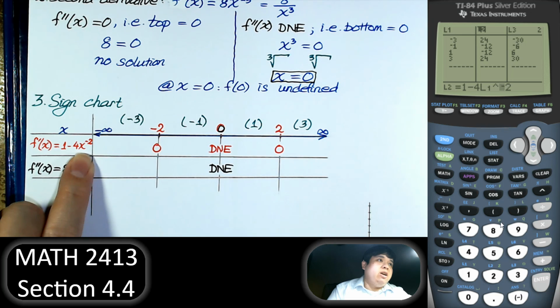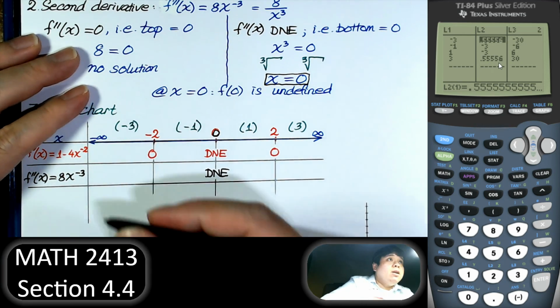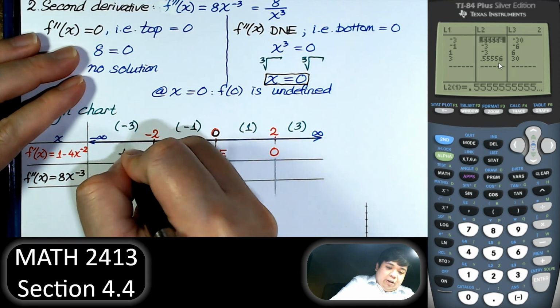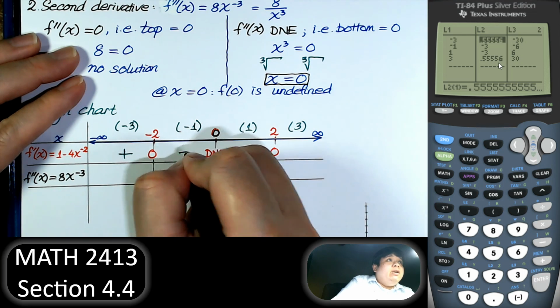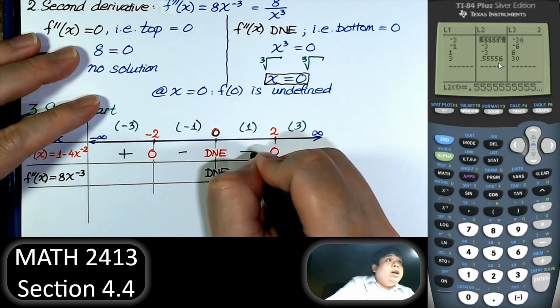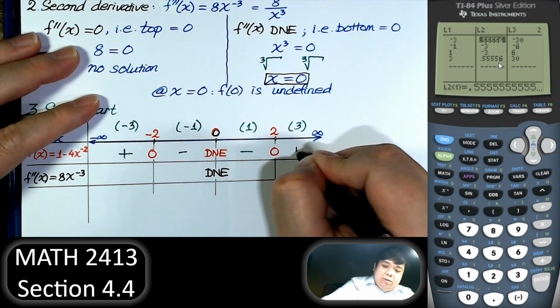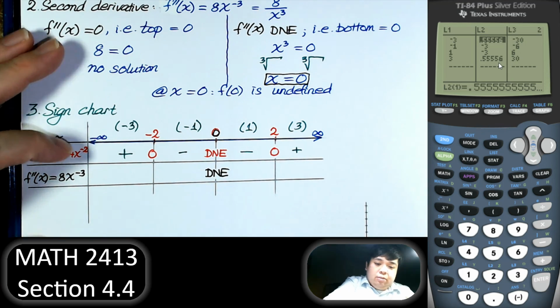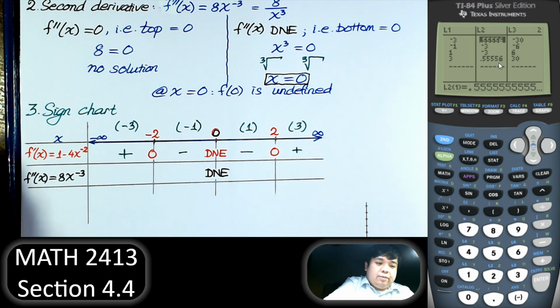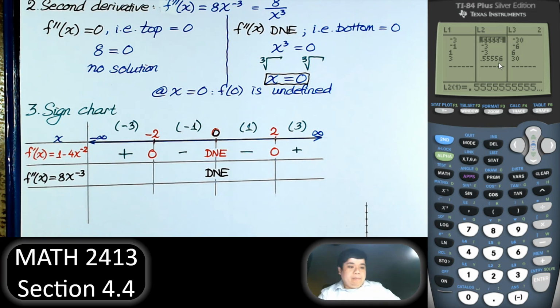If you want to be safe, use parentheses around negative 2. Right, it looks like positive, negative, negative, positive. Positive for negative 3, negative for negative 1, negative for 1, and positive for 3. Right.